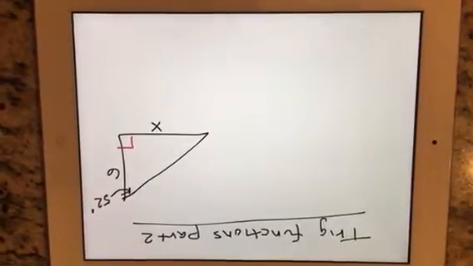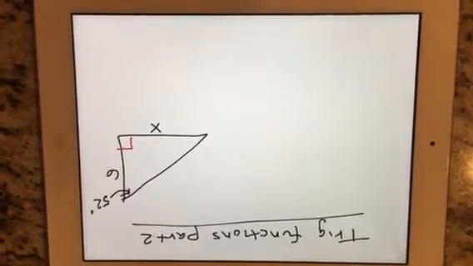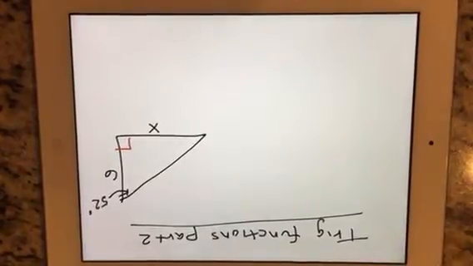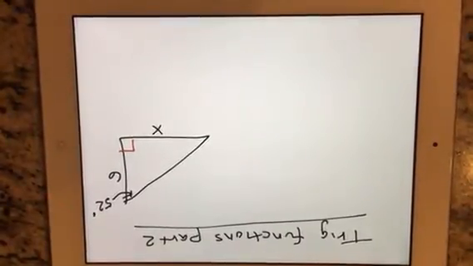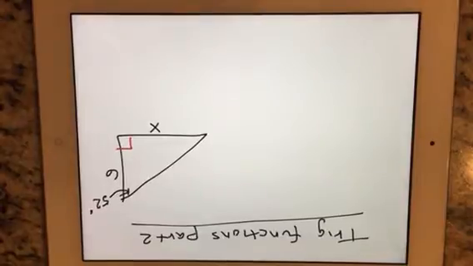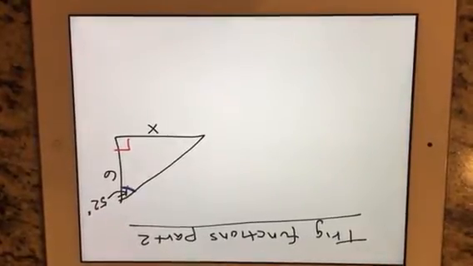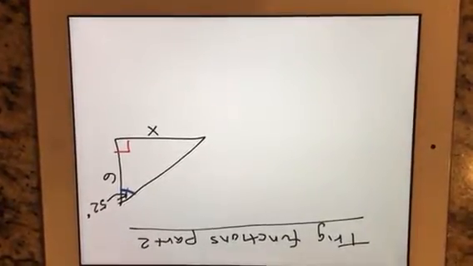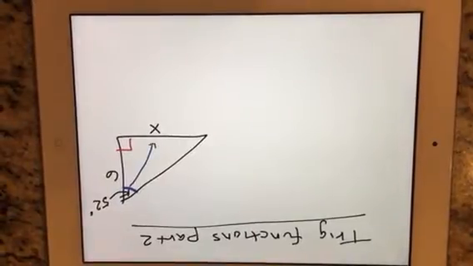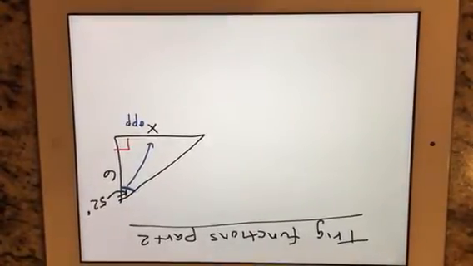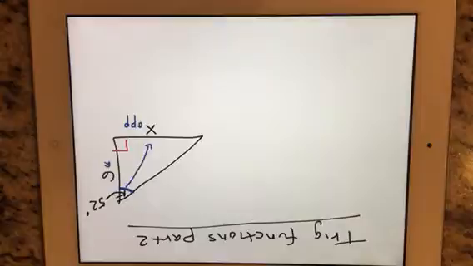So we need to use what we know about trig functions to identify which trig function we're going to use. I need to label what each of these sides are. From this 52-degree angle is what we're looking from. The one across from it is my opposite, and the one next to it is the adjacent.